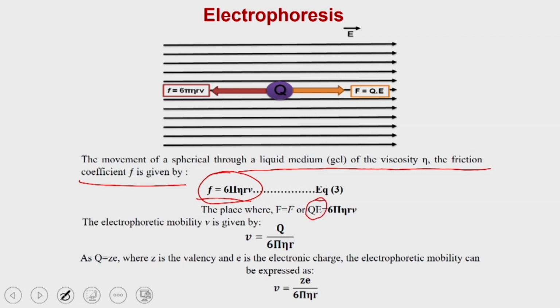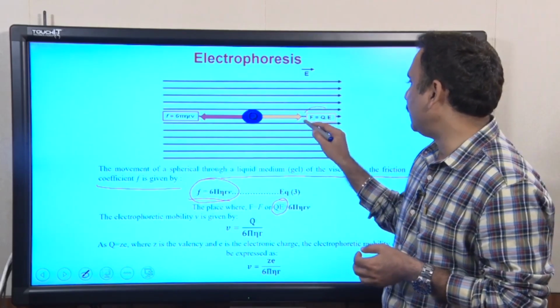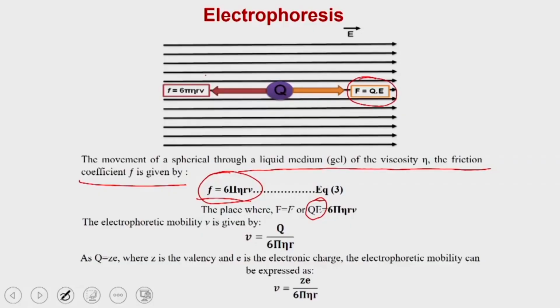The place where the molecule is going to be immobilized is where the electrophoretic force is equalized by the frictional force, which means QE is equivalent to 6 pi eta r v, which means the electrophoretic mobility v is equivalent to Q divided by 6 pi eta r.